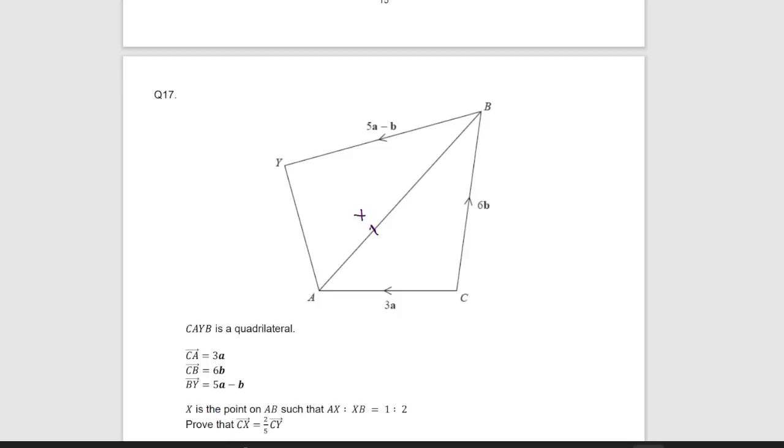So let's just approximately draw it there for now. Prove that C to X is equal to 2/5 C to Y.